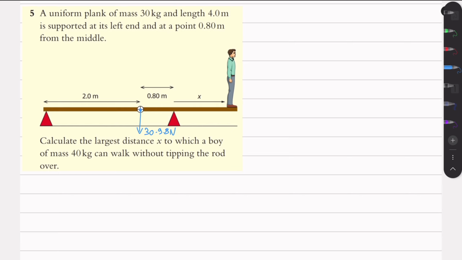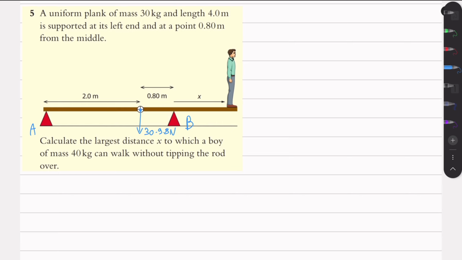The way we can define tipping is if the whole system turns around this pivot, which means that the force in this pivot, let's say again this is A and this is B, is 0. So there's no more force in this pivot, then that means that this rod has pretty much lifted off the surface. So we need to find at what distance of x that happens.